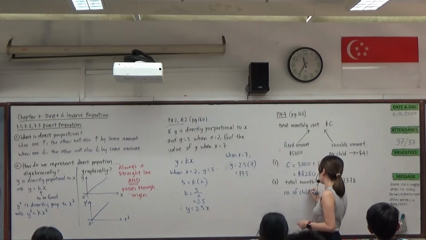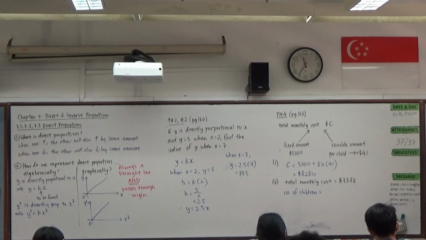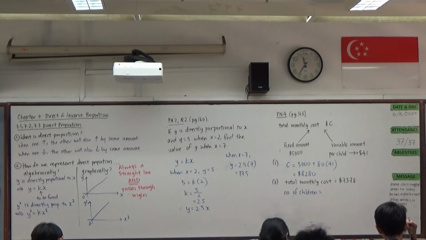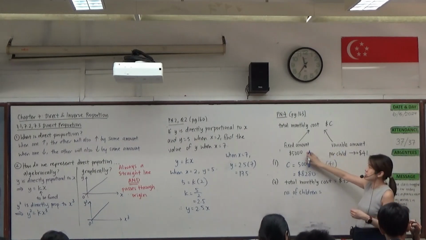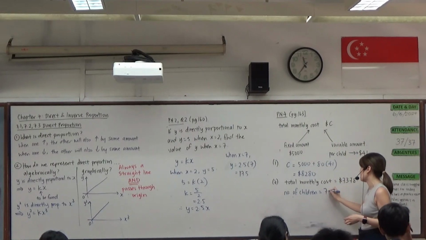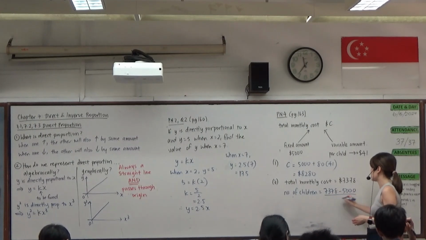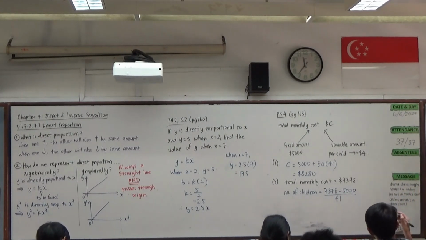Divide this by 41 directly. Not quite, it's by two things. We need to minus away your 5,000 first, followed by dividing by 41. Then that will give us the number of children, and that will be 58 children.